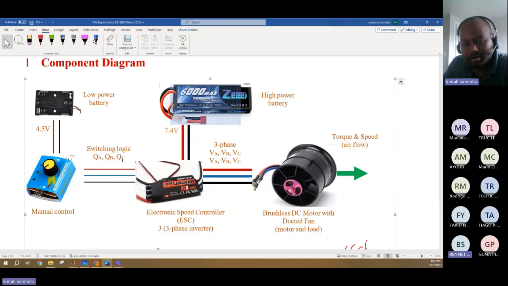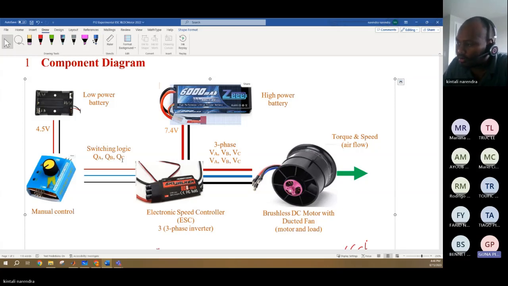There are no brushes at all and no commutator.